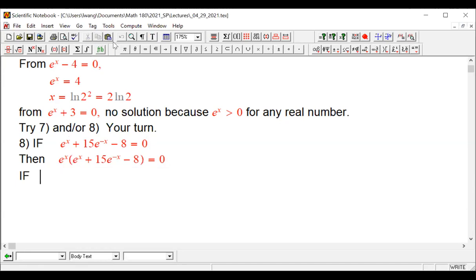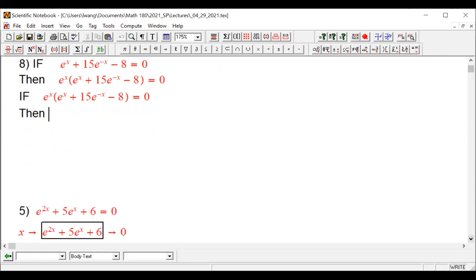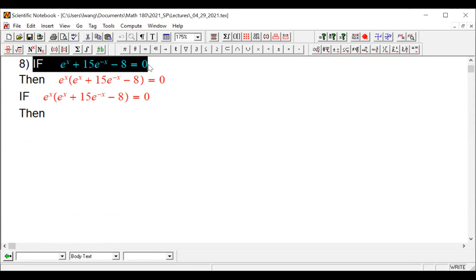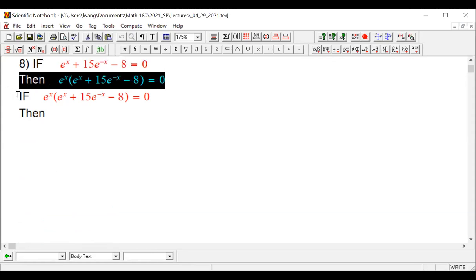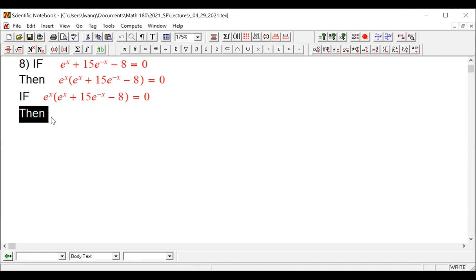If this is true, then, okay, I'm going to write it for you in the full grammar of this mathematics, and then I'm going to give you the shortcut version. So if this is true, then this is true. And if this is true, then you're going to multiply e to the power x with e to the power x.